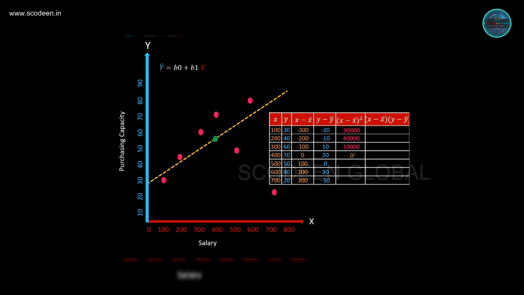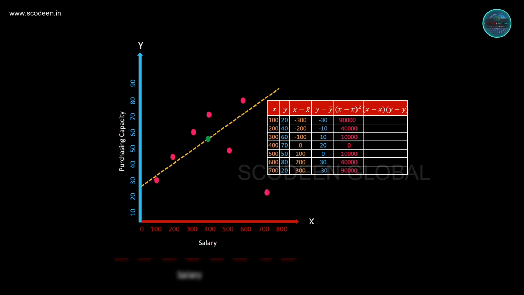We can use a similar method to calculate every row. Let's analyze the next column, x minus x bar multiplied by y minus y bar, that is minus 300 into minus 20, that is 6,000.